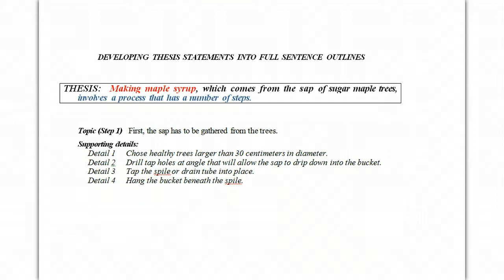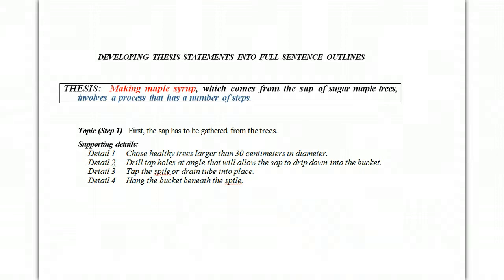So that's the topic. And then we've got to ask the other question, which is, what's our point about making maple syrup? And you can see from this sentence that making maple syrup involves a process that has a number of steps. So it does have a subject or a topic, and it does have a point about the subject or the topic.